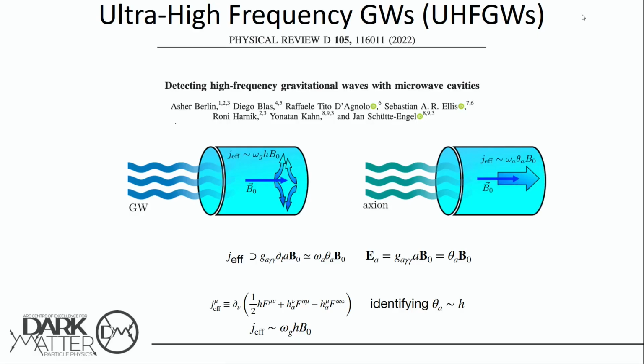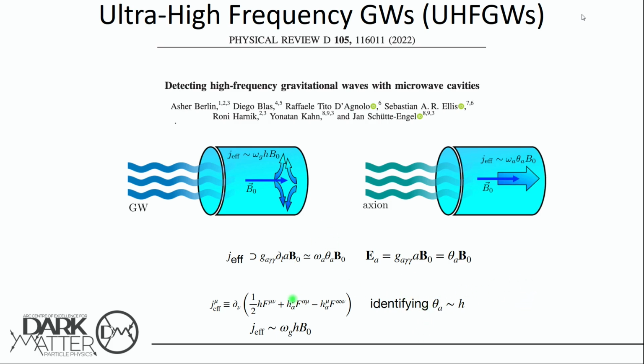this paper I thought was great. When this paper came up, there's some authors in the audience. It showed that haloscopes also were gravity wave detectors, and the key point was that where you have these effective currents, which you've heard about, the gravity wave effective current was on the order of the axion theta, what you can call theta, which is just the coupling times the field, because this is a dimensionless quantity, and so is h.